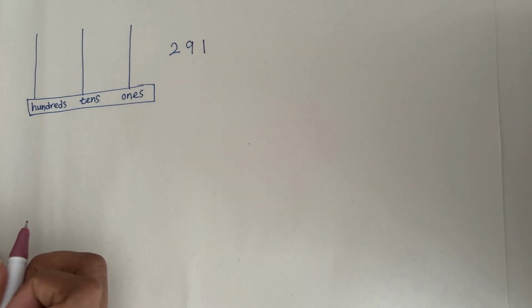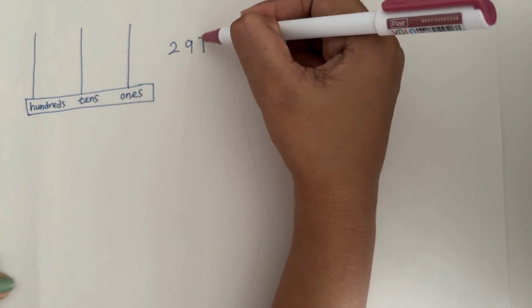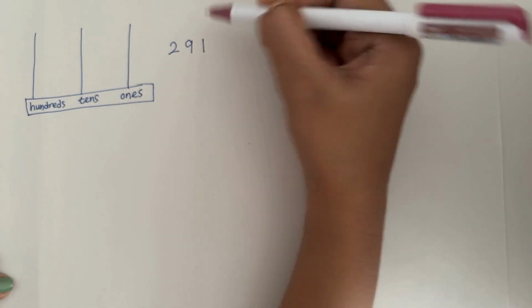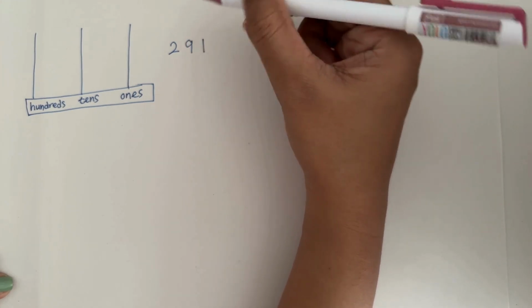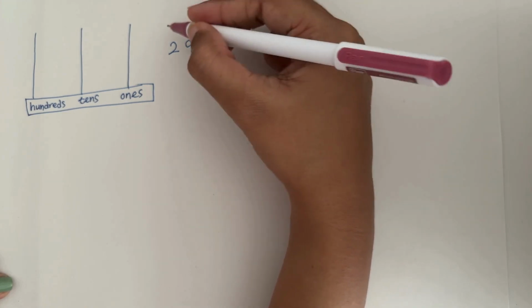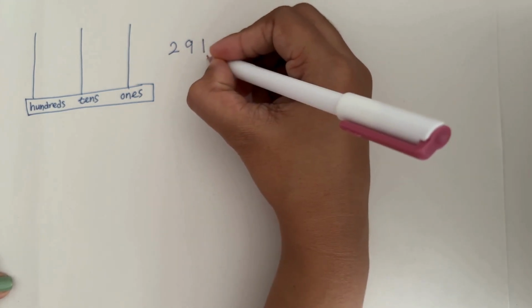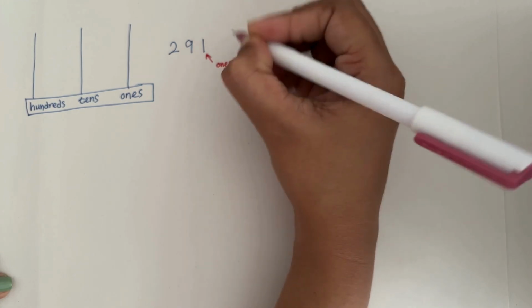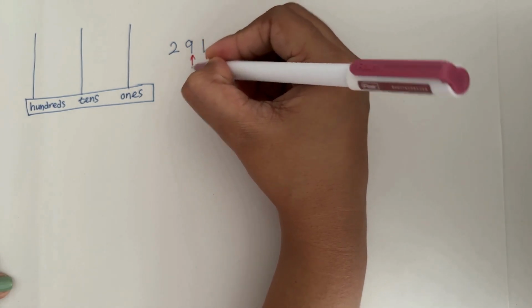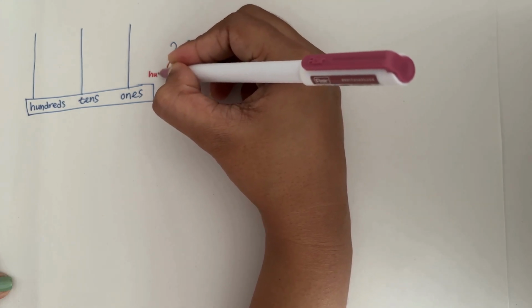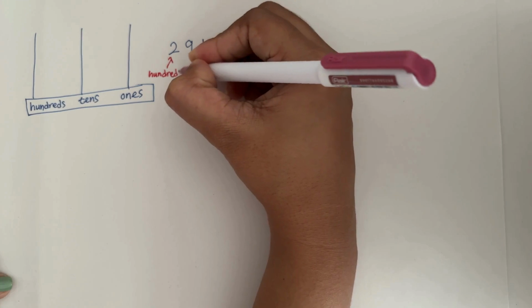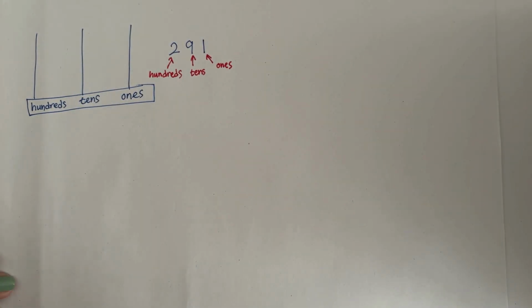Let's discuss. Okay, here how many ones we have? Yes. And how many tens? And how many hundreds? Okay, let's place them.